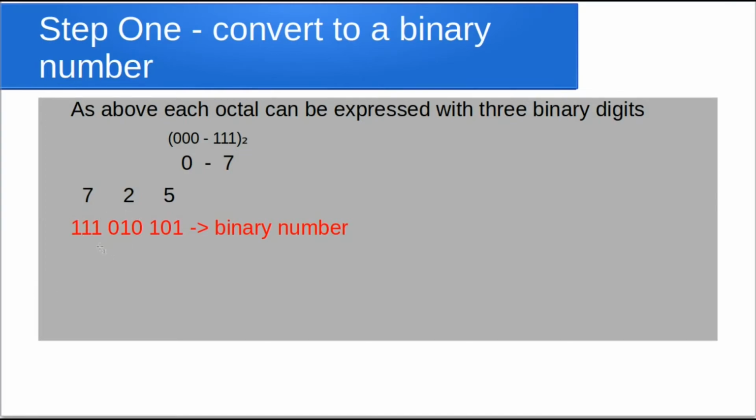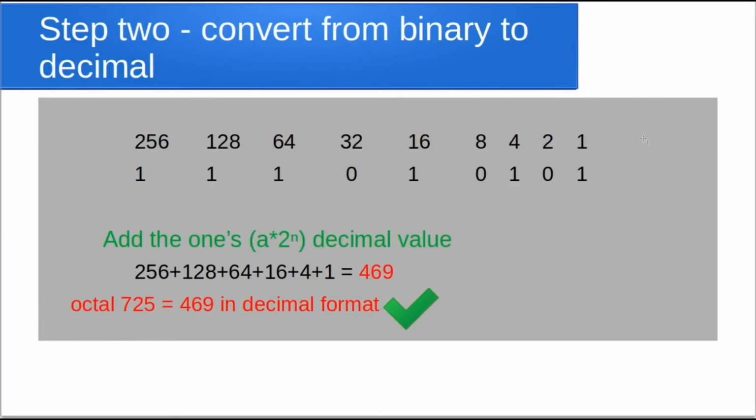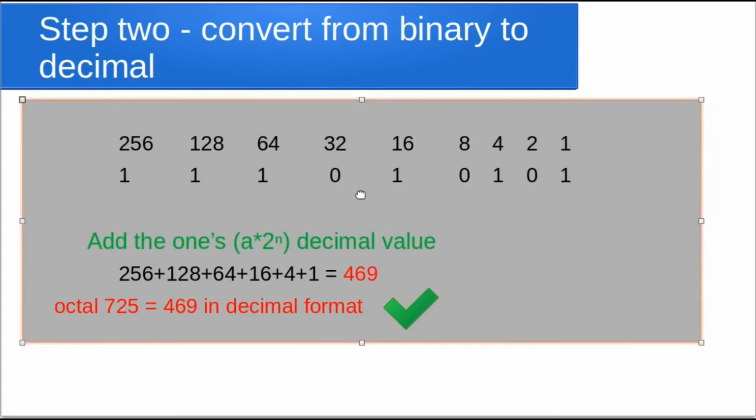Now we want to go from this binary to decimal, and I'm sure you've figured that one out already. We write the powers of our binary number on top, from least significant to most significant, and put our binary number there. Then all we do is add all the values that have a 1.